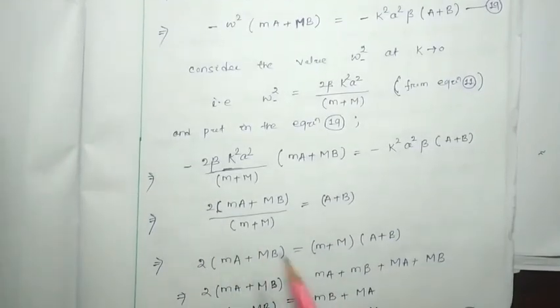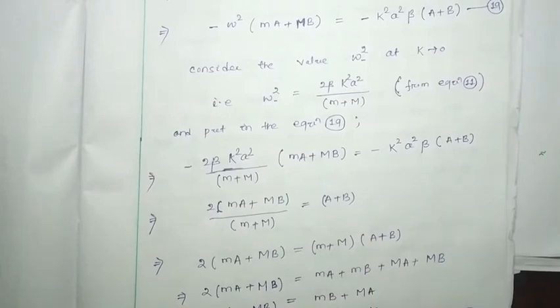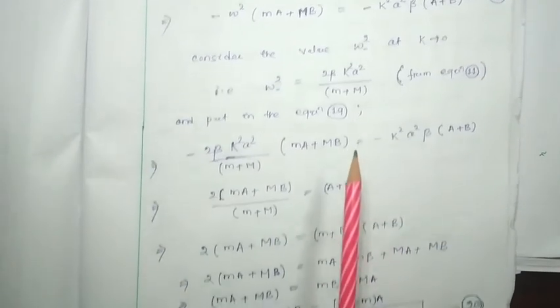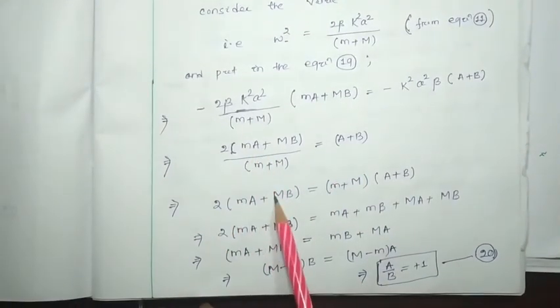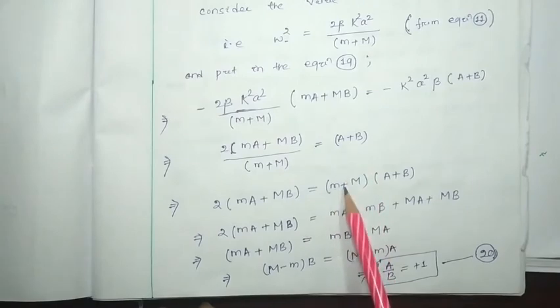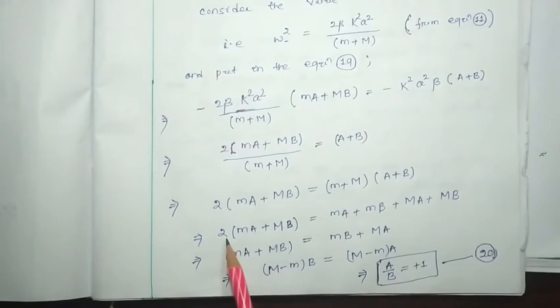So 2 into (m ma + M mb) by (m + M) will be equal to A plus B. So that implies 2 into (ma plus mb) is equal to (m + M) into (A + B).